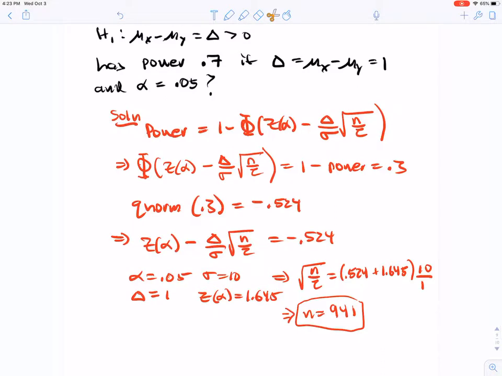So you just follow the steps. Just note that q norm undoes p norm. So to solve for n, we need q norm of 0.3. And we find n is 941.